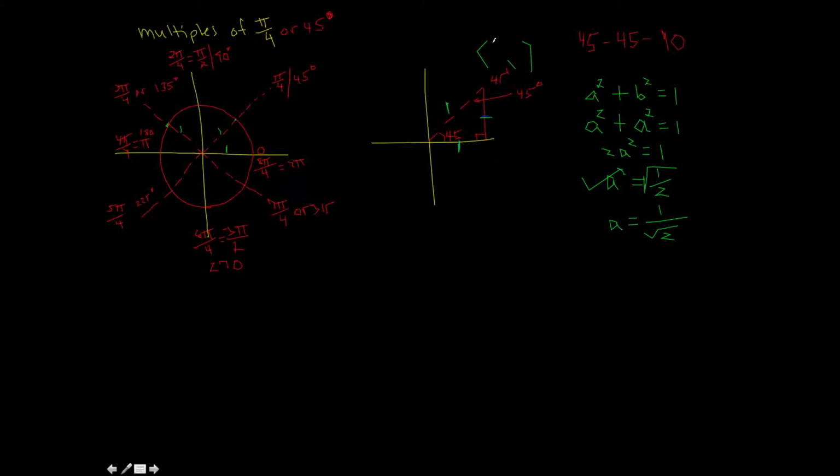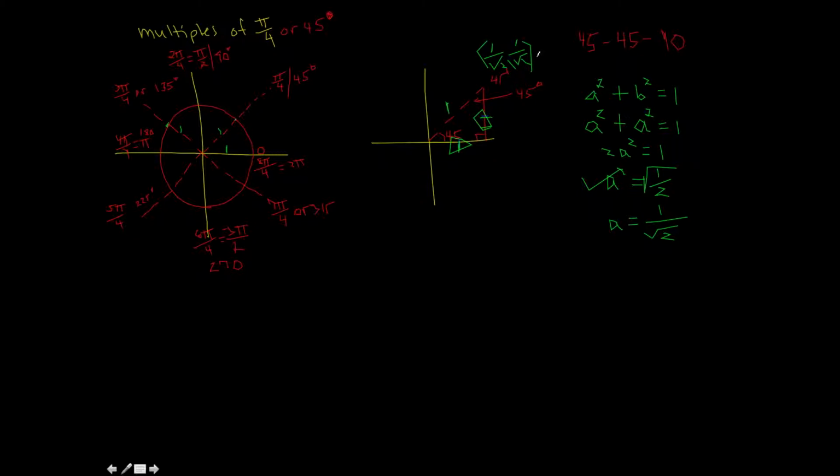So our A value here is 1 over the square root of 2. Well, that's nice to know. And guess what? We know what B is as well. Since these two sides right here are exactly the same, we know that this one is 1 over the square root of 2.